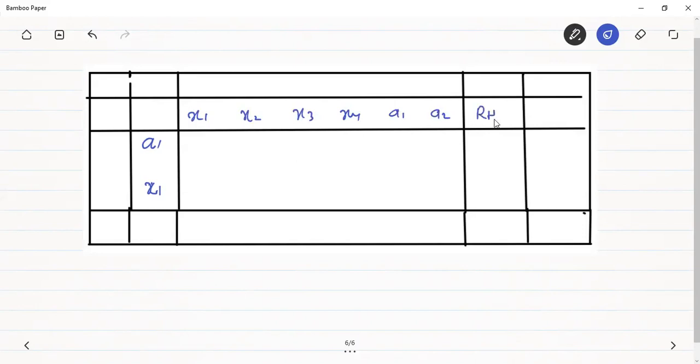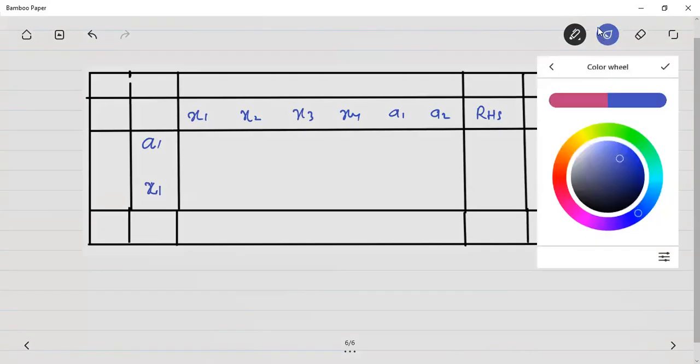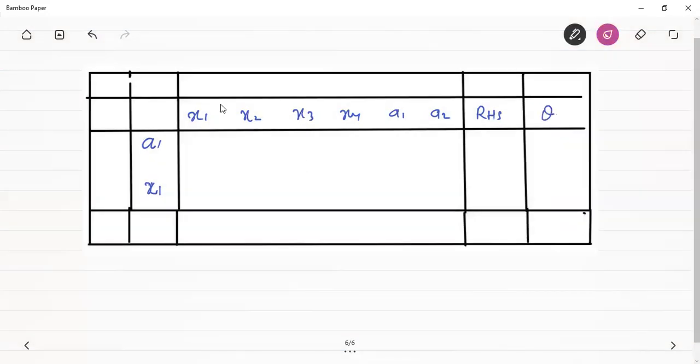Here we had RHS. Here we have theta. And the cost coefficients can be written. This had -7, this had -5, 0, 0, -m, -m. Okay. A1 का भी cost coefficient है -m और X1 का जो cost coefficient है that is -7.